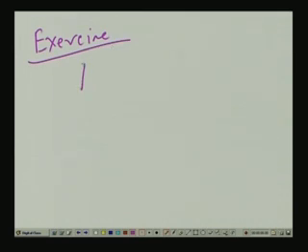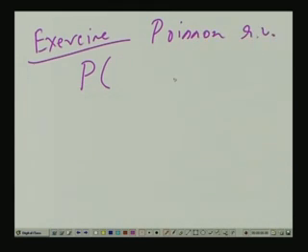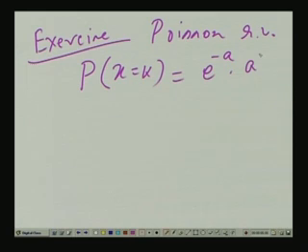Suppose I consider, so this is an exercise. I consider a Poisson distributed random variable, where the probability of x taking a value k is given by e to the power minus a, a to the power k divided by factorial k.